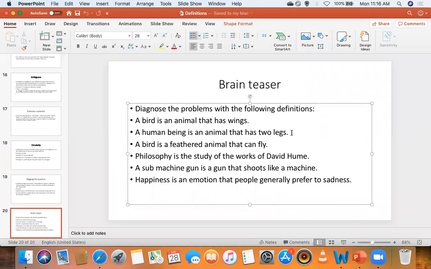Okay, the third one, a monkey has 2 legs. Someone says it's too narrow. I'm confused by narrow and broad.